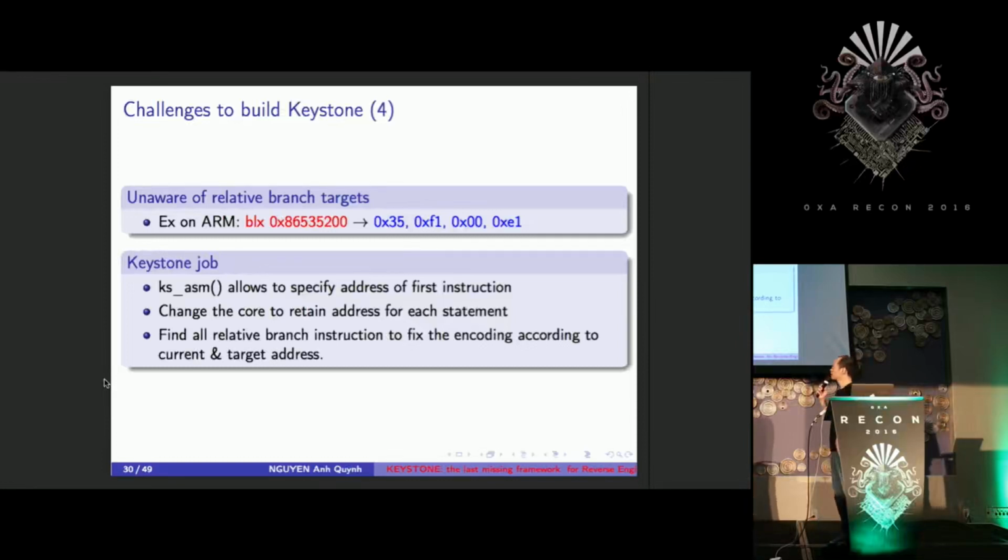So what I did to fix it is to allow the API ks_asm to specify the address of the instruction. And I changed the core of the MC so it retains the address for every statement. And I found all the relative branch instructions in all the architectures and fixed all of them, so the encoding is proper according to the current and the target address.